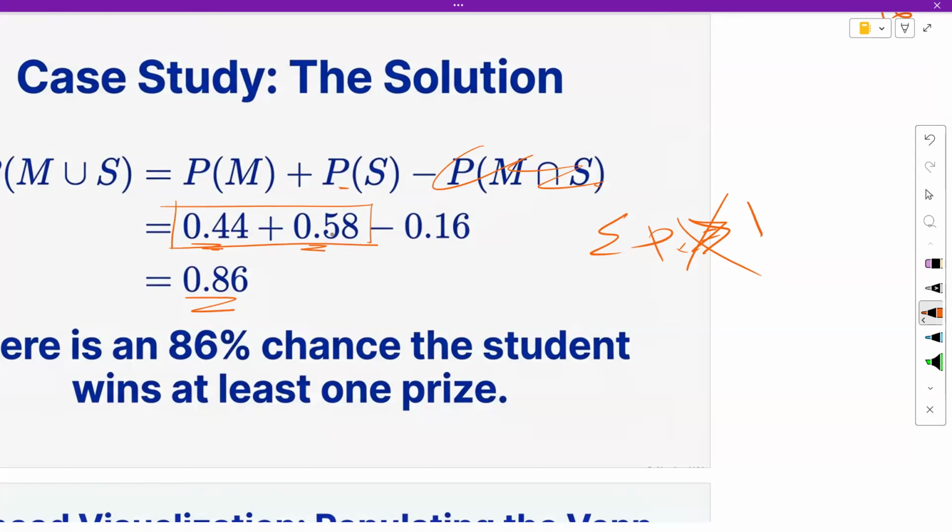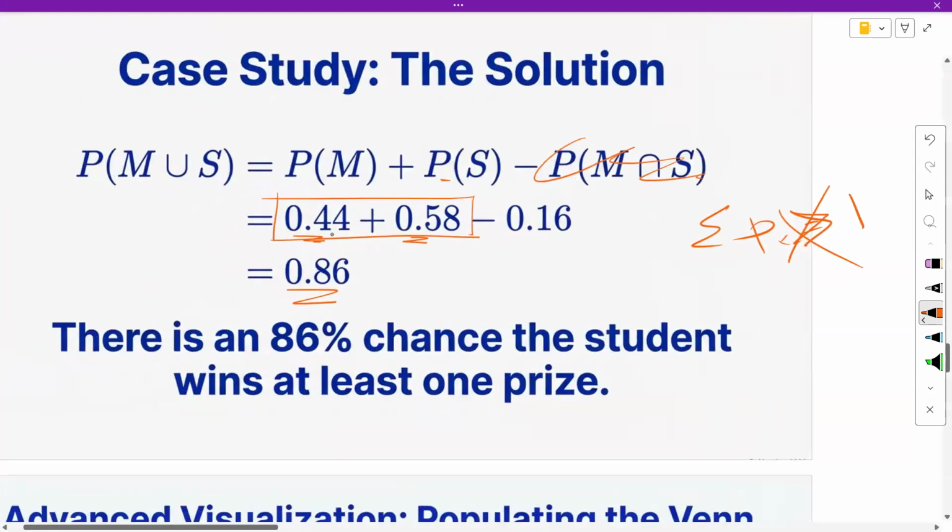What's the total of these two values? 1.02. So it's wrong. Why?